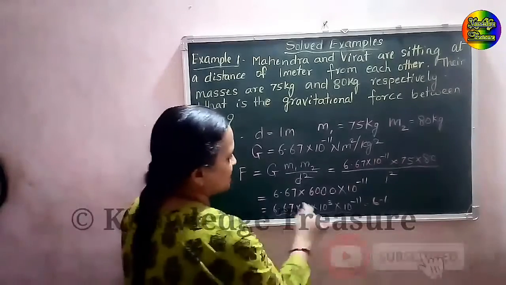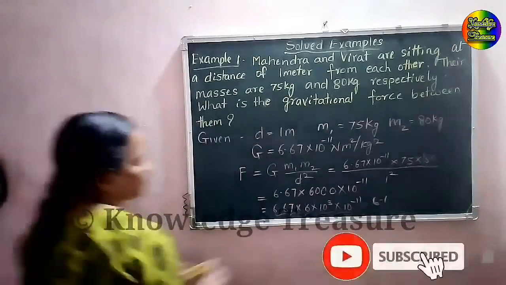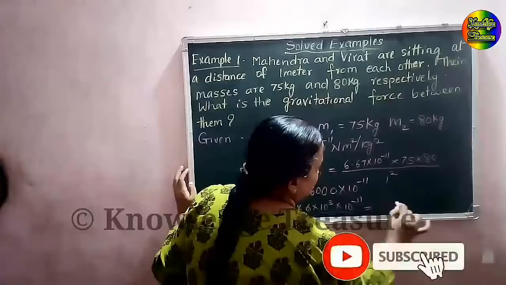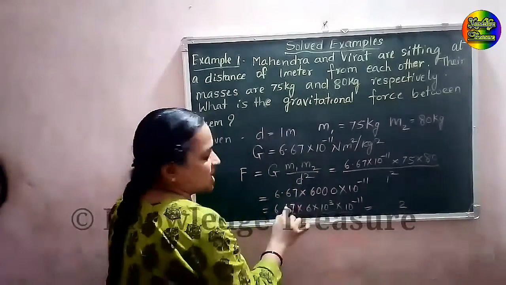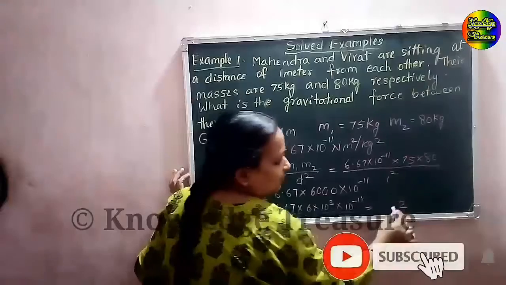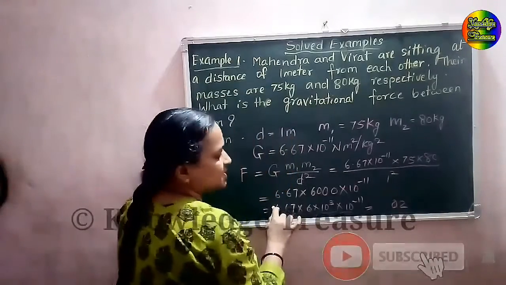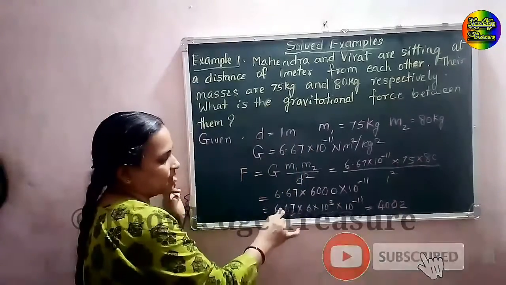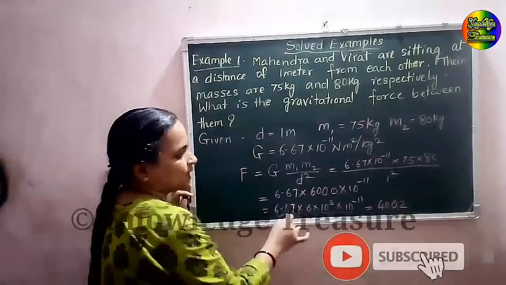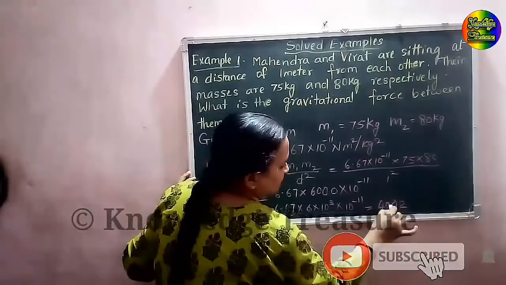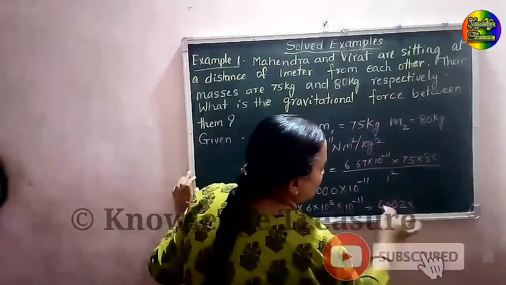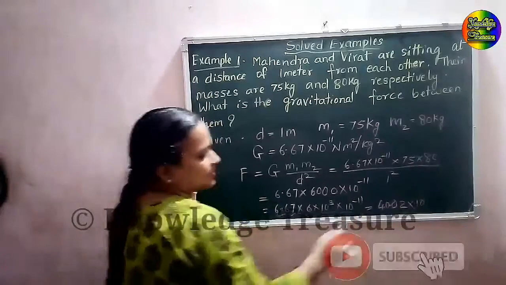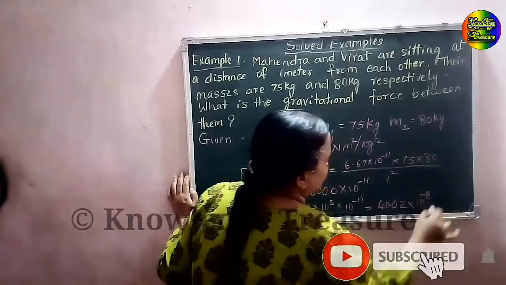How much are you getting? 6 7s are 42, 6 6s are 36, 36 plus 4 is 40. Where do you have to put the decimal point? After 2 digits. 40.02 into 10 power minus 11 plus 3, that is nothing but minus 8.